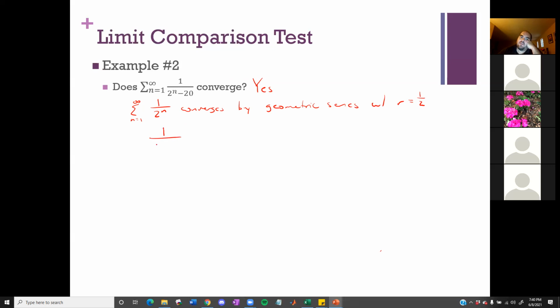So if I have 1 over 2 to the n minus 20 and 1 over 2 to the n, I would need this to be true, which I don't believe is true, since the denominators on the left are going to be smaller.